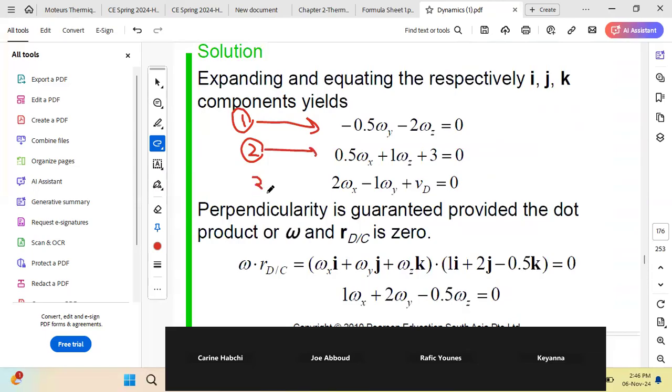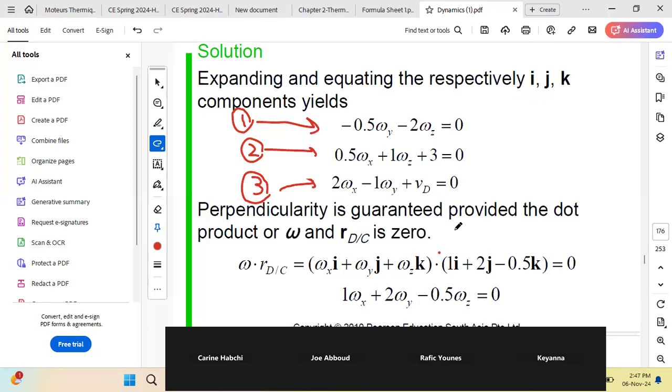But here I have 4 unknowns, okay? So perpendicularity is guaranteed provided the dot product of omega and R_DC relative to C is 0. We said omega total is perpendicular to the rod CD.